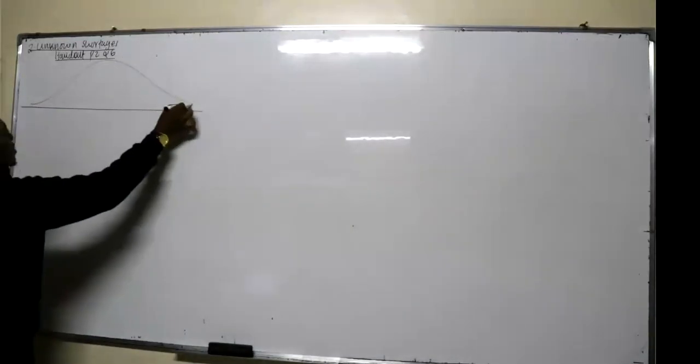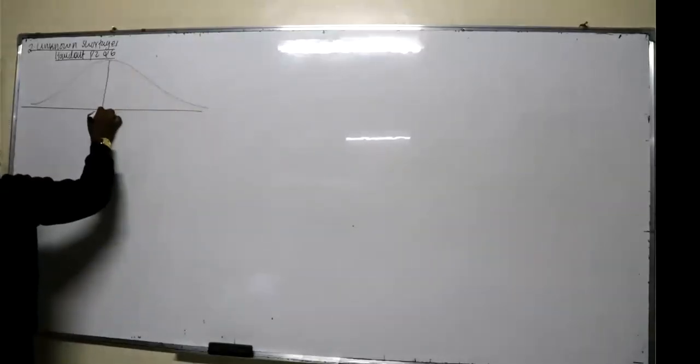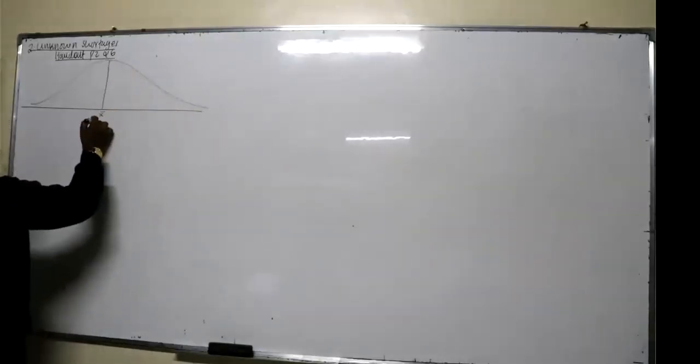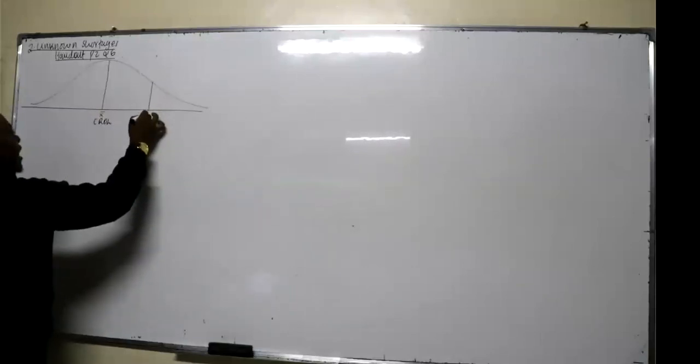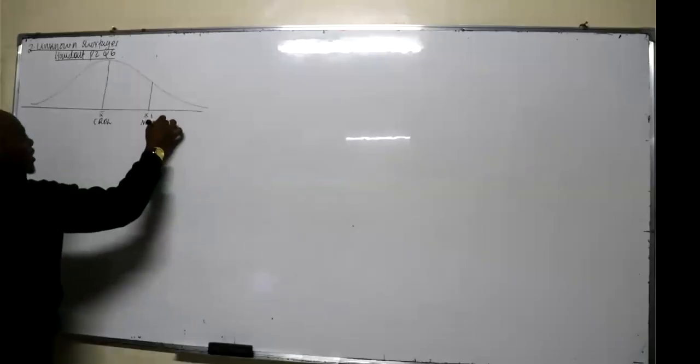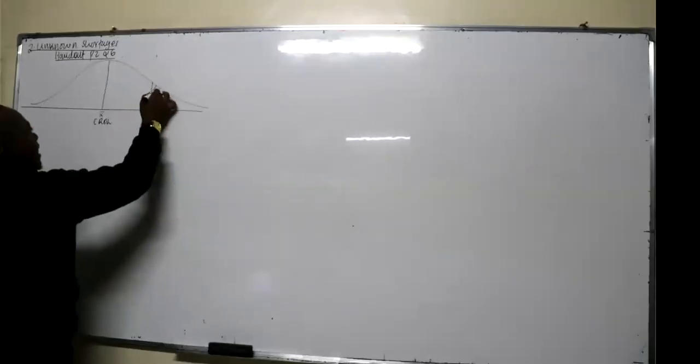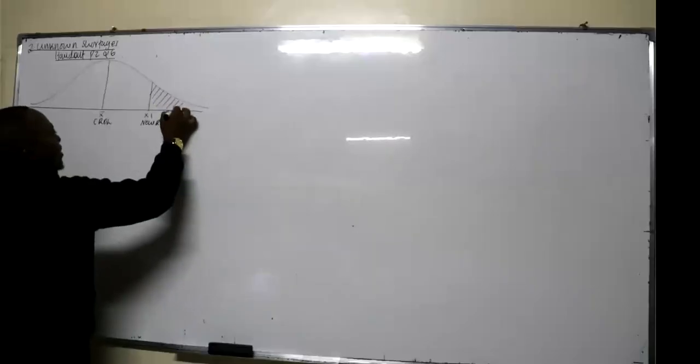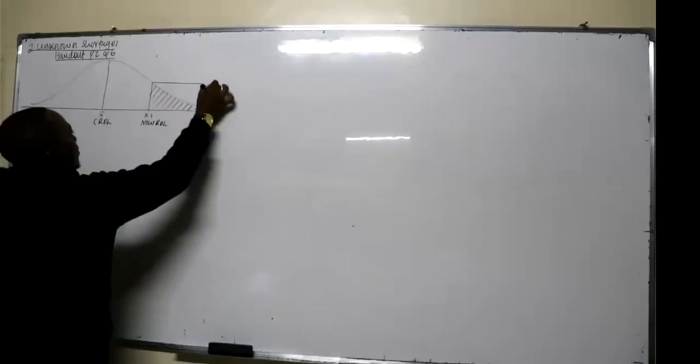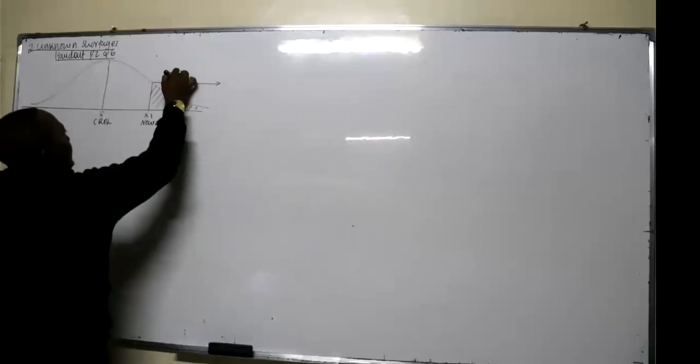So a normal distribution. Here we have the X bar, which will be our current reorder level. Then X1, which will be our new reorder level. If the demand exceeds the reorder level, this is what we call the risk level.